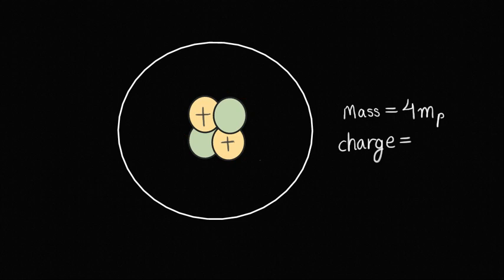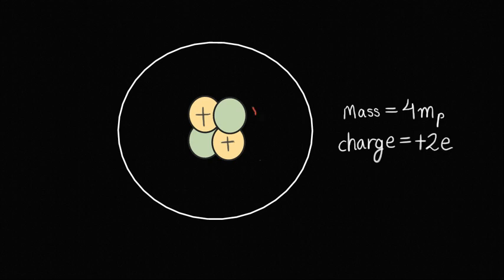Now look at the charge of the nucleus. Does the neutron have any charge? No. Only the proton has a charge, and the charge is plus e. If the electron charge is minus e, the proton is the opposite of the electron, so its charge is plus e. So the charge of the nucleus is plus e and plus e, that means plus 2e.